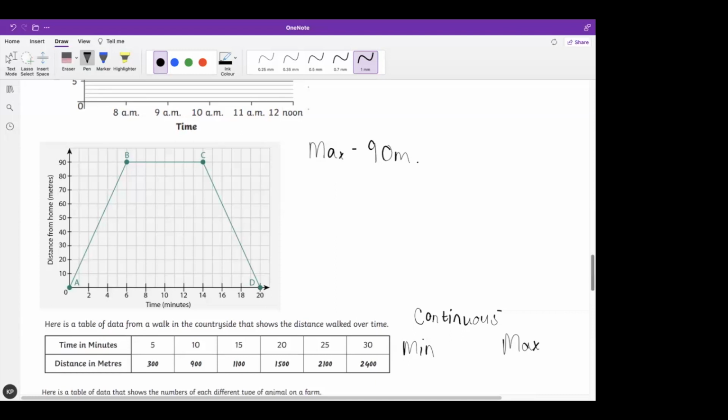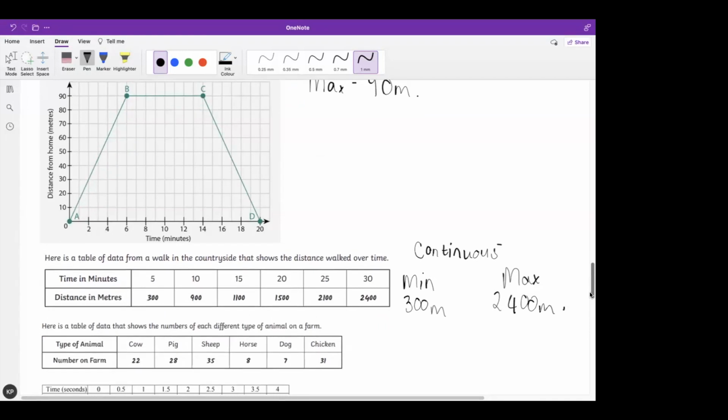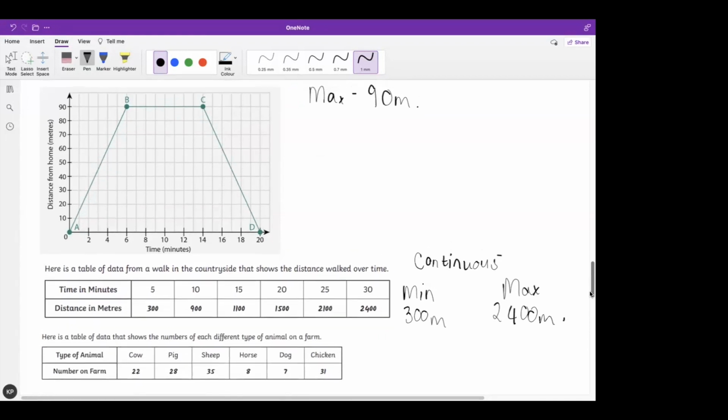They made it very easy for you guys because they put them at the first one and the last one. So my minimum would be 300 meters. And my maximum, I'm forgetting my units, would be 2,400 meters.